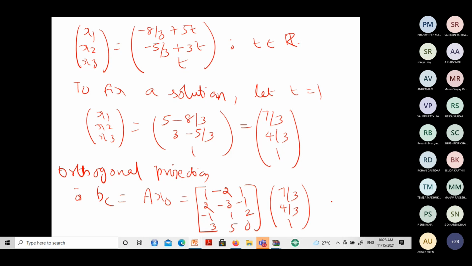This will be the orthogonal projection. Please find this value. 7 by 3 minus 8 by 3 minus 1 by 3 plus 1, that is 2 by 3. 14 by 3 minus 12 by 3, 2 by 3 minus 1, so minus 1 by 3. 21 by 3 plus 20 by 3, 41 by 3, that's all.